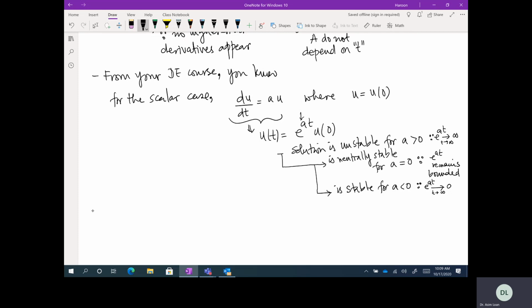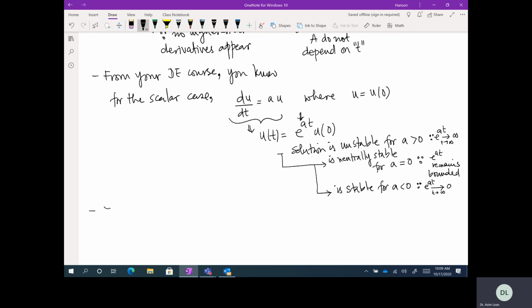And if a is complex, what happens? If you have done your second order equations, probably you've done that in the circuits course, in the first or the second course that you're taking right now. Over there, this a is a complex number, so you have a real part and an imaginary part, and the real part is the one that actually controls the decay.